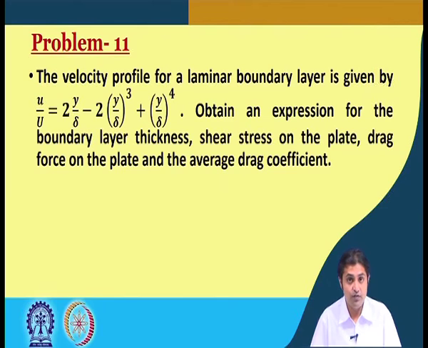The velocity profile for laminar boundary layer is given by, so it's not a cubic but it has one more term. Obtain an expression for boundary layer thickness, shear stress on plate, drag force on the plate, and the average drag coefficient. So this is a question where you have to find almost everything.